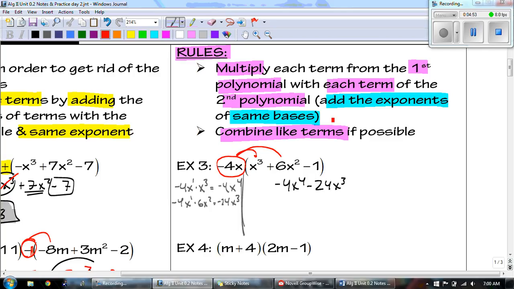And the last one, negative 4x times negative 1, gives us positive 4x. So that's how we get negative 4x to the fourth minus 24x cubed plus 4x.